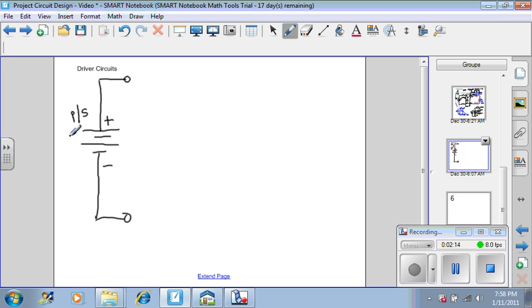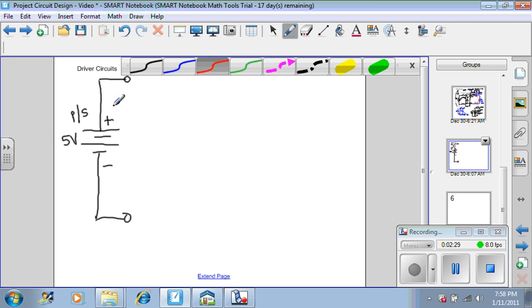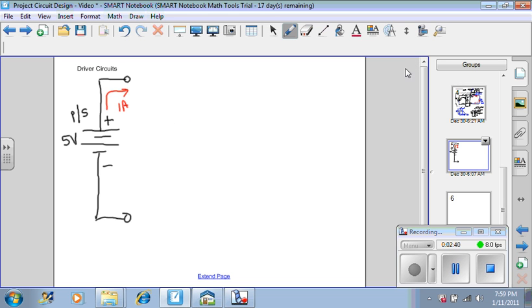But in this example, let's assume that this power supply was designed to operate at a fixed voltage of 5 volts. And this power supply has the ability to provide about 1 amp of current. Well, that's more than enough current to operate many types of loads.